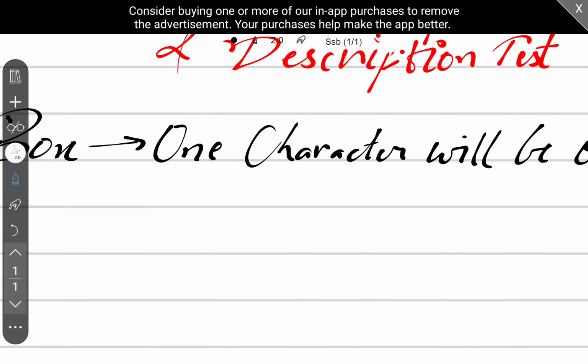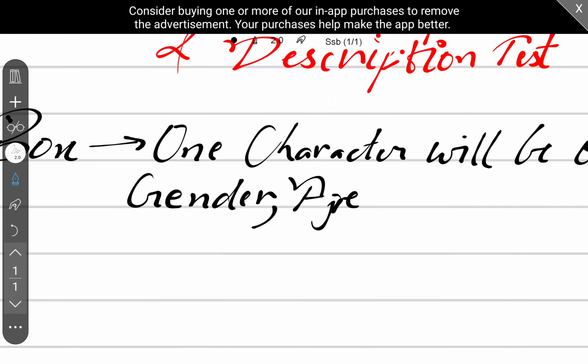First of all we have to mention the gender of the character, as well as the approximate age of the character, because you cannot know the real age just by seeing the picture.